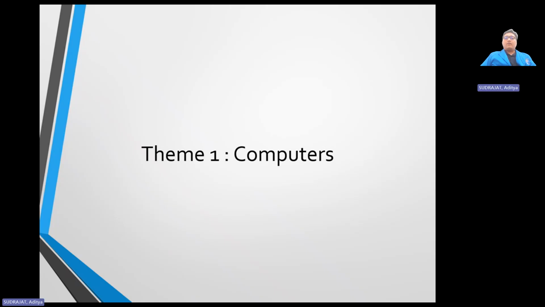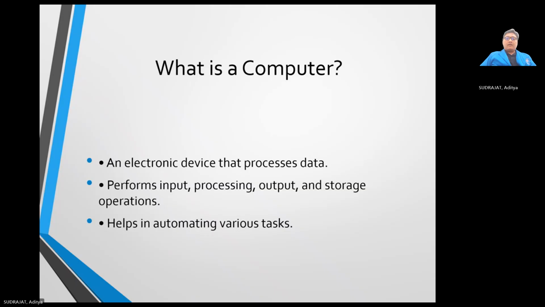The first topic is computers. What is a computer? A computer is an electronic device that processes data. In the beginning, the computer was used to compute, to calculate, and to make our work much easier.